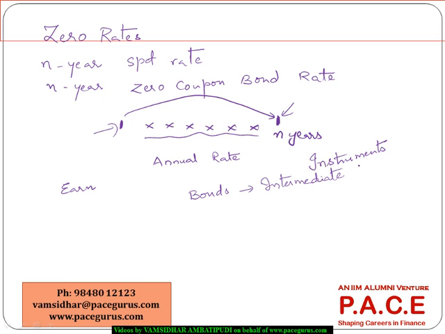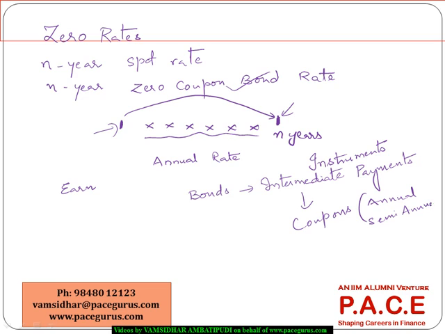If there is no annual or semi-annual payment, no intermediate payment, then the zero coupon bond is a perfect application. But in the majority of instruments, there are lots of intermediate payments coming into the picture. These intermediate payments are what we call coupons. In general, coupons are paid either on an annual or semi-annual basis.